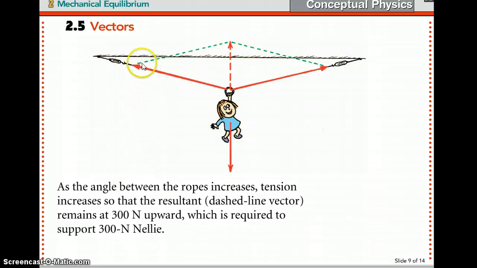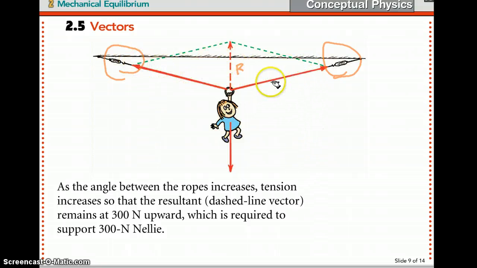And you can see that as the angle gets even bigger, so we hang the two scales way out at the sides here, one way out here, and another one way out here, as we spread those out, the tension is acting more and more horizontally now. You can see that the resultant, so this again is the resultant from Nellie, and the way we get that is again by translating these two vectors to make a parallelogram.